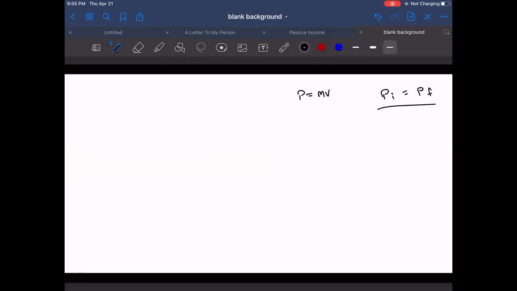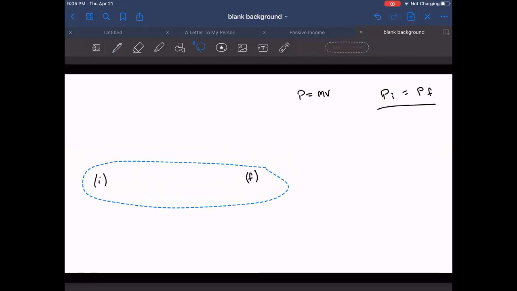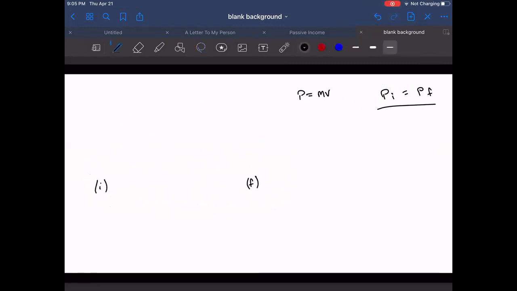So we've got to say I and F. Is this how your instructor does it? Because I want to do it as closely as possible. This is how I do it: there's an initial situation and a final situation. That's the point, right?